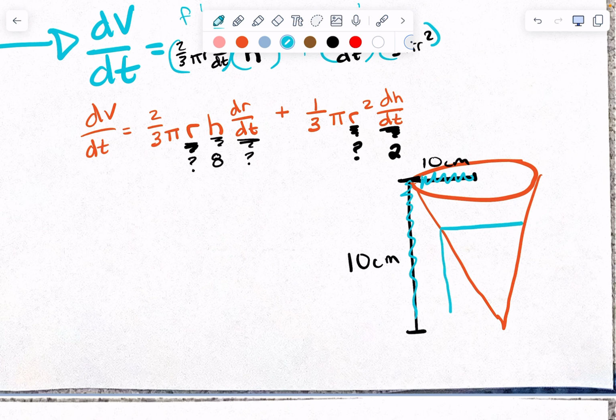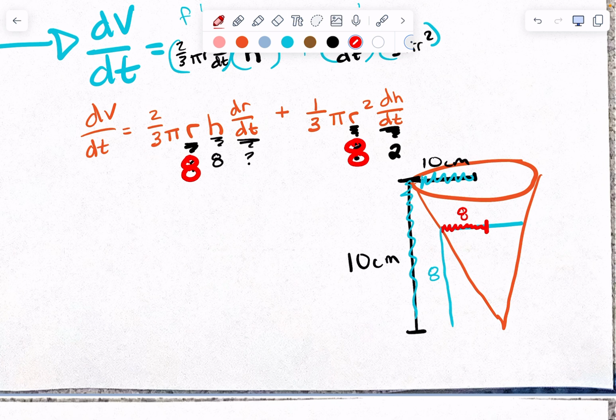At that point, what's the radius of the cone? Also 8. That's why they gave me the 10 and 10. Those are proportionate to each other. So I know that R is 8. The only thing I don't know now is dR/dt, correct?